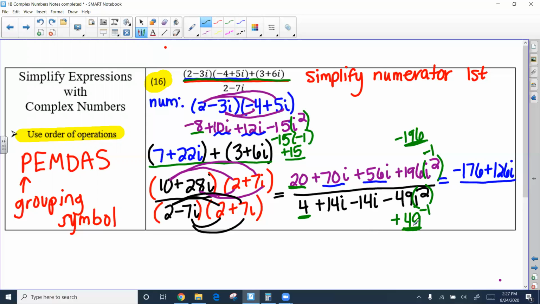It's 4 plus 49, so that would give me a 53. And then if I combine the i part, a +14i and a -14i add up to 0. Okay, so that means in the denominator, my answer is just 53.